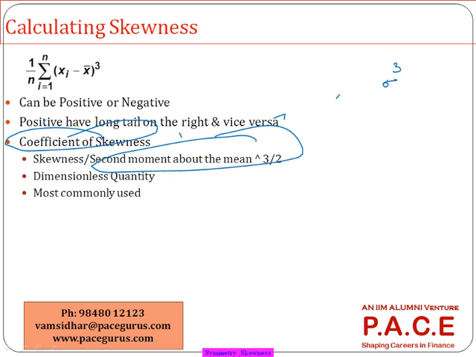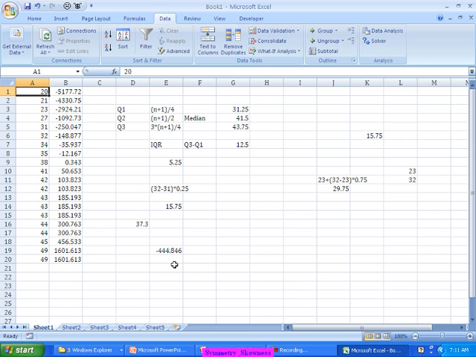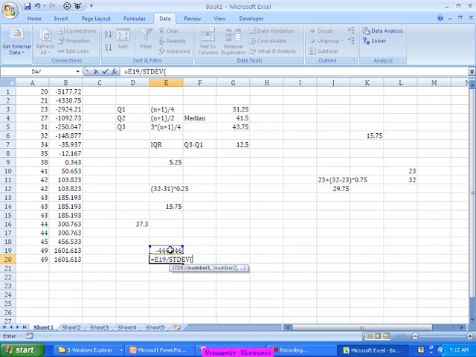So that is where we are dividing. In our earlier answer, whatever the 444 we have got, this is typically divided by the standard deviation cube. So minus 0.61 is the coefficient of skewness, because how far is it away from 0?